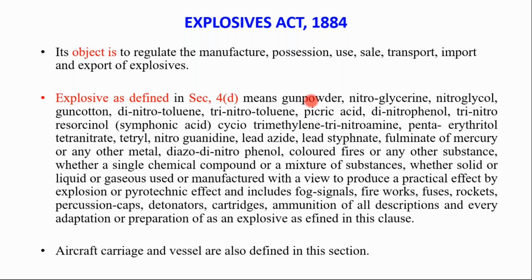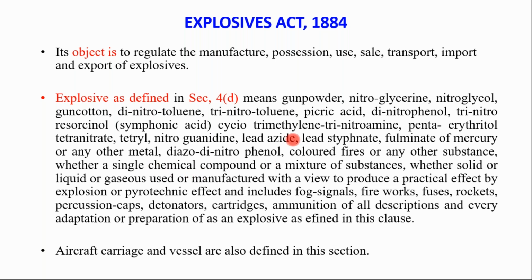That means gunpowder, nitroglycerin, nitroglycol, gun cotton, dinitrotoluene, then picric acid, dinitrophenol, then trinitroresorcinol, cyclotrimethylene trinitramine, then pentaerythritol tetranitrate, tetryl, nitroguanidine, lead azide, lead styphnate, fulminate of mercury or any other metal, diazodinitrophenol, colored fires or any other substances, whether a single chemical compound or a mixture of substances, whether solid, liquid or gaseous, whatever it may be.